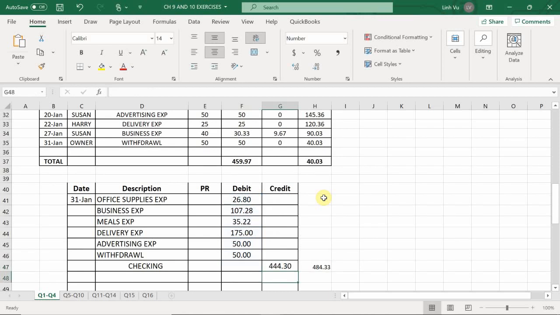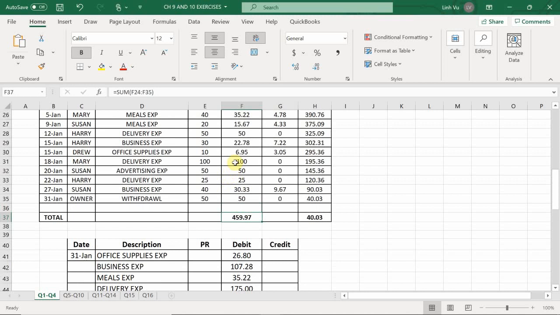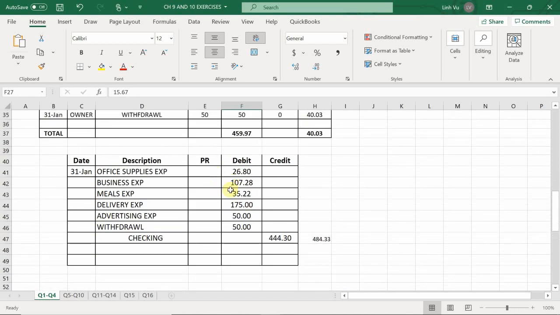So, let's run my formula once again. I still get $444, where this one says $459, and they use the exact same numbers. Oh, I missed the meals. So I have a meal that I missed right here for $15.67.